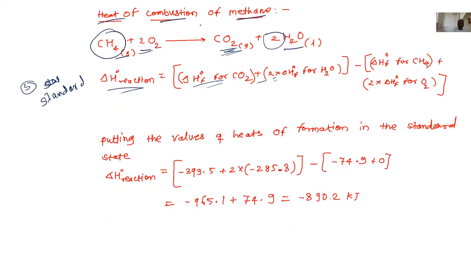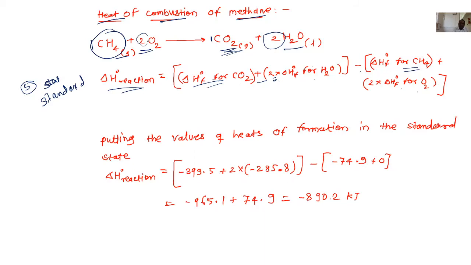Here CO2 has only 1 mole, therefore only delta HF0 for CO2, no prefix in the multiplication, plus 2 into delta HF0 for H2O, minus delta HF0 for CH4. Only one molecule is there, therefore only CH4, minus 2 into delta HF0 for O2.